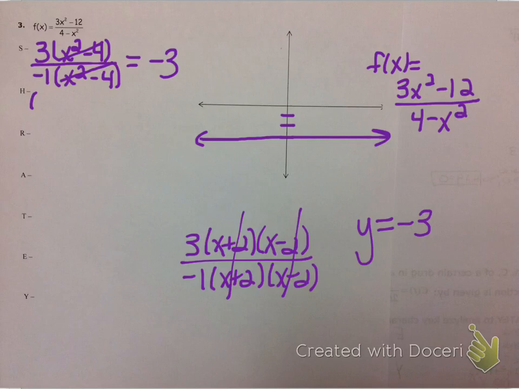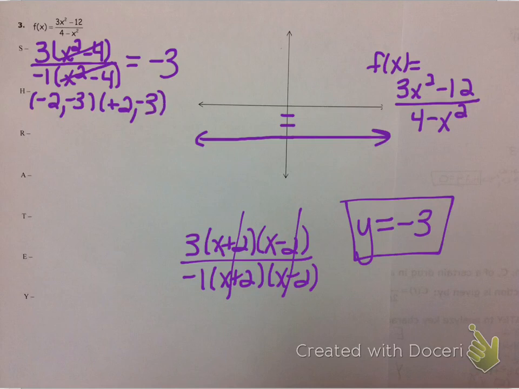So what that means is that I'm going to have a hole with an x value of -2, and a hole with an x value of +2. As far as the y value goes, I don't need to calculate it. My simplified equation is a horizontal line, so everything about my graph has to be on that horizontal line. So both holes have a y coordinate of -3.